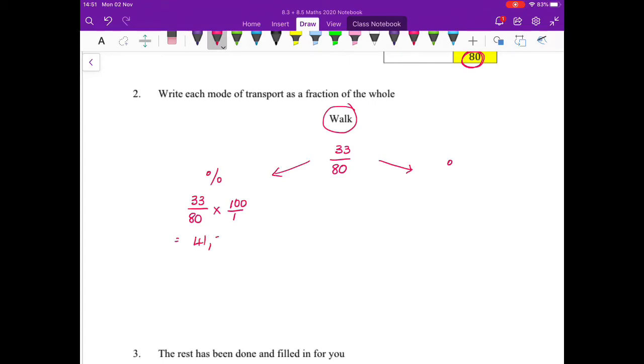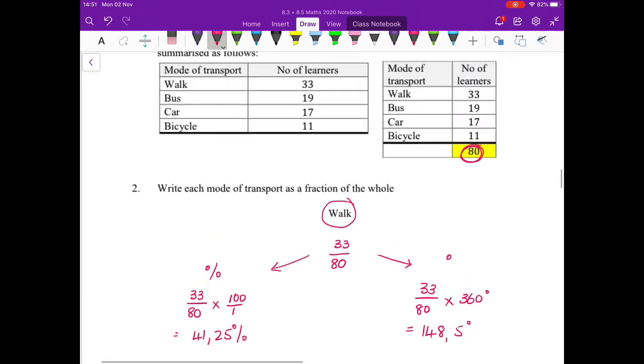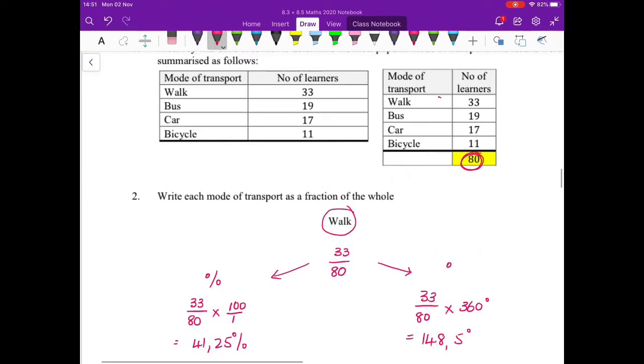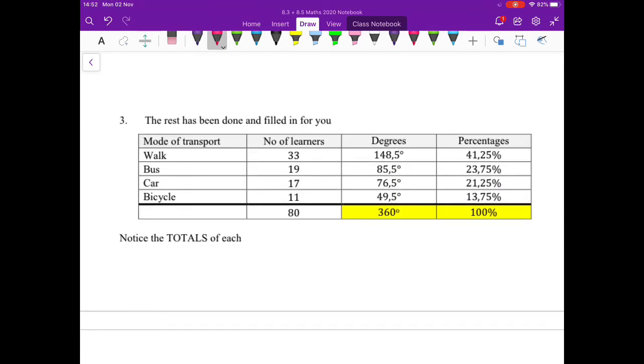And for that, you would get 41.25%. If we did degrees, you would take 33 out of 80 and we multiply it by 360. These are degrees, so it will give you 148.5 degrees.